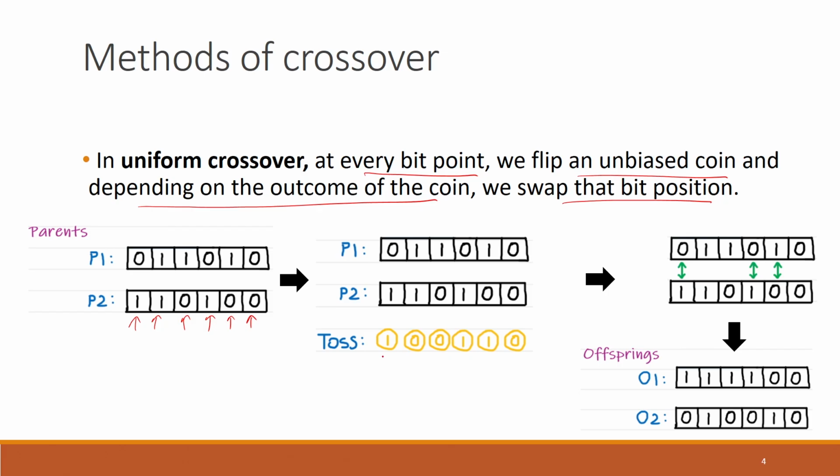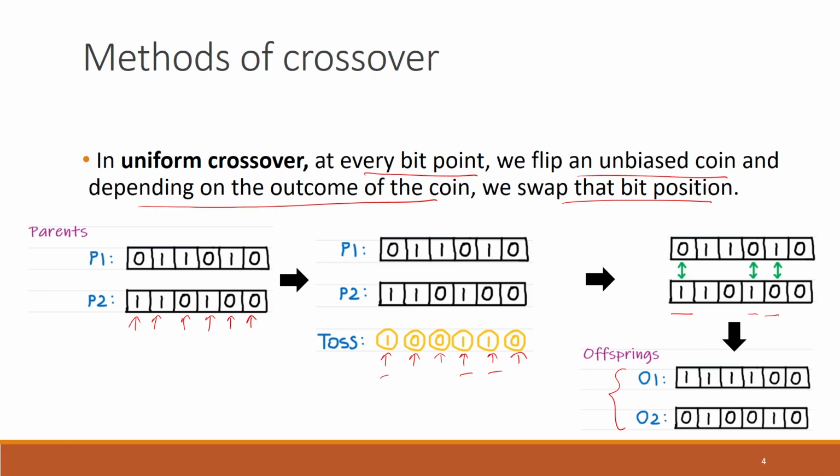Suppose this is what we get: heads for the first bit position, then tails, then heads, and tails. For the places where we got heads, we swap the 2 bits in the parent strings. You can see that the first, the 4th and the 5th positions are swapped. For the remaining bit positions we do not swap. These are the 2 offspring that we get.